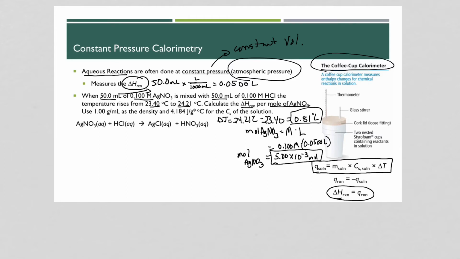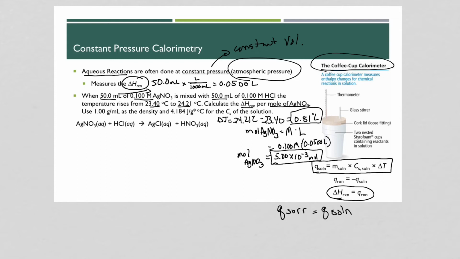Now, a couple of things that you'll find when you look at these problems. When we have Q of the surroundings, we will often refer to that for calorimetry as Q of the solution, because remember here, the system is very narrow. It is simply the silver nitrate materials that are reacting with the HCl.